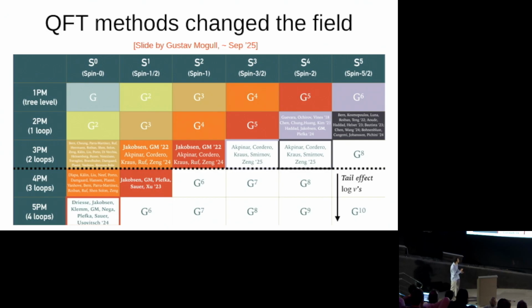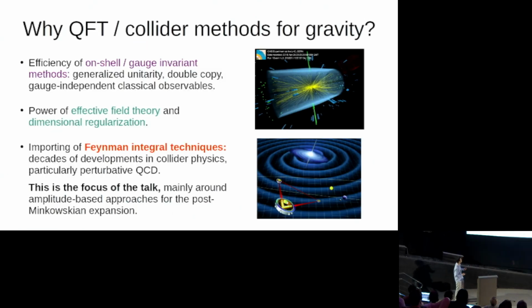And here's a slide I stole from Gustav Mogull from a few months ago, which summarizes partially some of the highlights of the advances in recent years, and the vast majority of them are powered by QFT methods, including both amplitude and worldline methods. There are many reasons why QFT methods worked so efficiently.